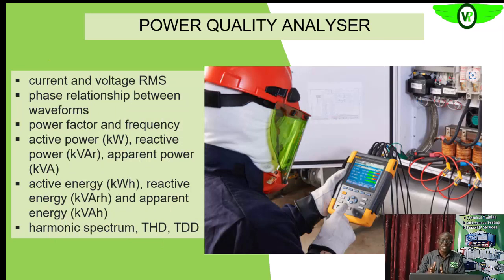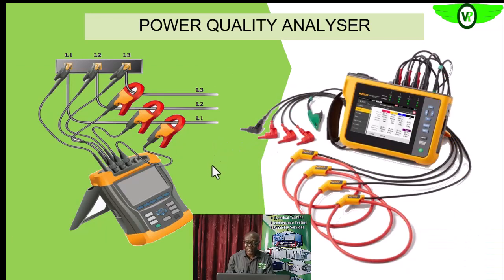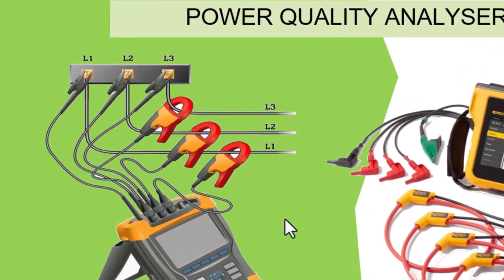So we'll see the contribution of each of these harmonics to the distortion in the process. We'll see the harmonic spectrum and be able to know which of them is causing the problem in our system. So this is how the quality analyzer is connected to the system.